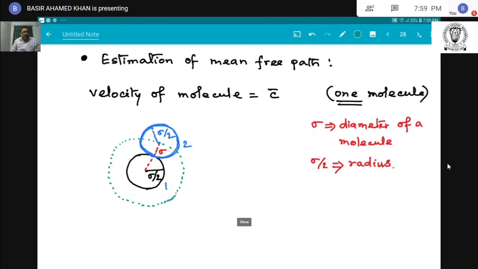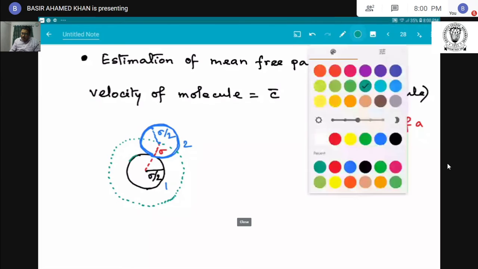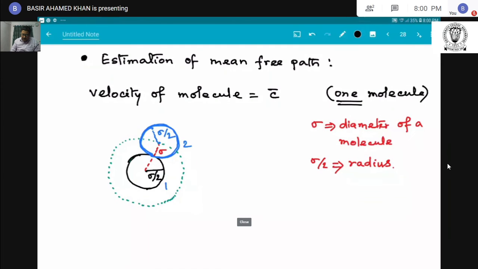I repeat again, the dotted line in this figure shows a sphere of radius sigma, which is the sphere of influence of the moving molecule. The black molecule is a moving molecule of radius sigma by 2.